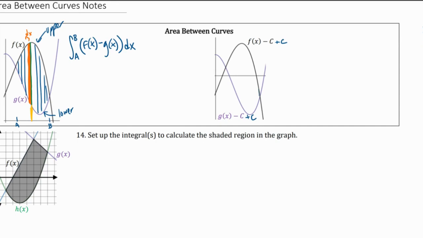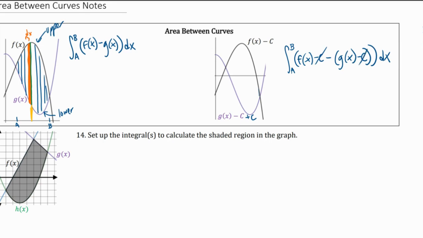So the point I'm trying to make with this example is it doesn't matter where the area is located, because you can always shift both graphs up or both graphs in whatever direction. And when you subtract them, you're going to get the same answer as you got before. So even if you have f of x minus c, the integral from a to b of f of x minus c minus g of x minus c dx, the negative c's cancel.